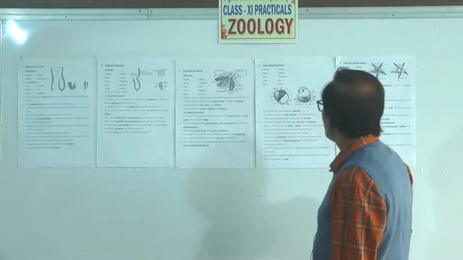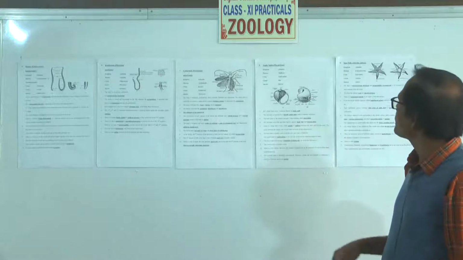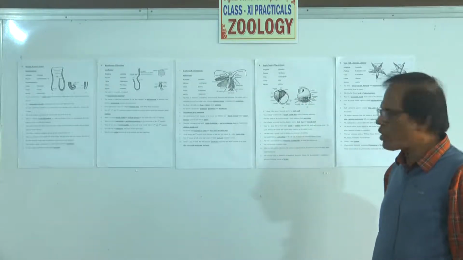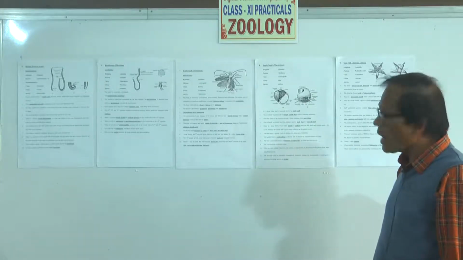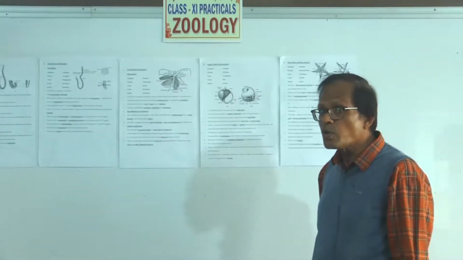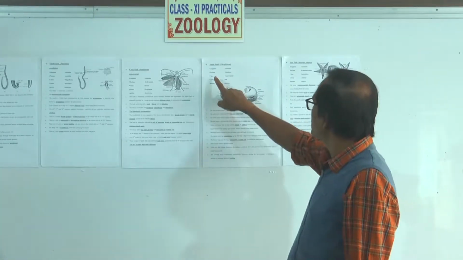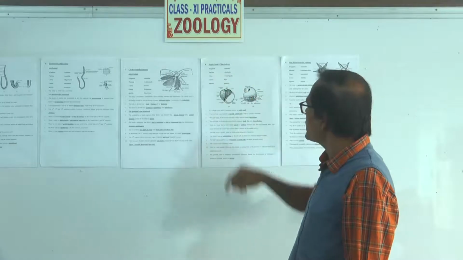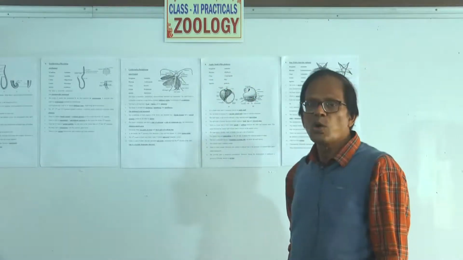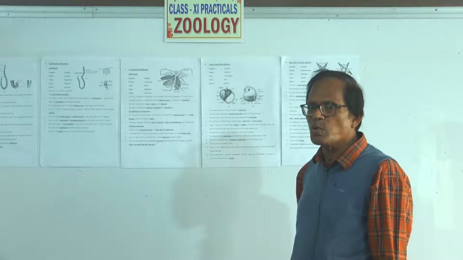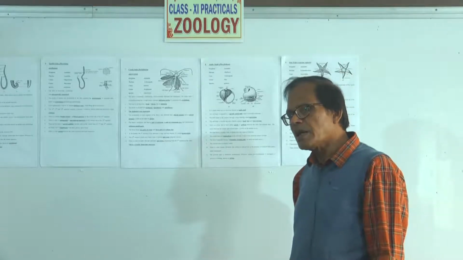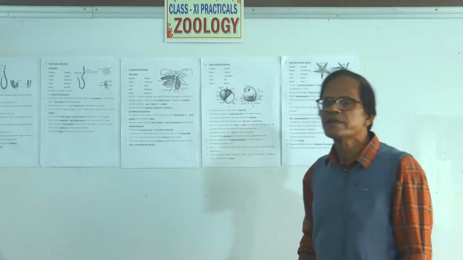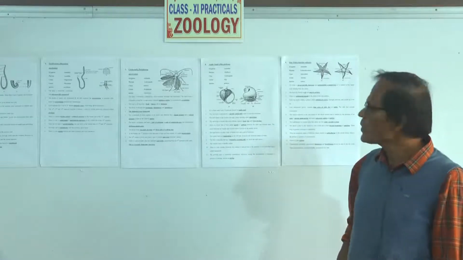Next we move on to another animal type in the ascending order. This is Pila globosa. It's commonly known as apple snail. See the classification. Kingdom is Animalia. Phylum is Mollusca. Each phylum's name has its significance.